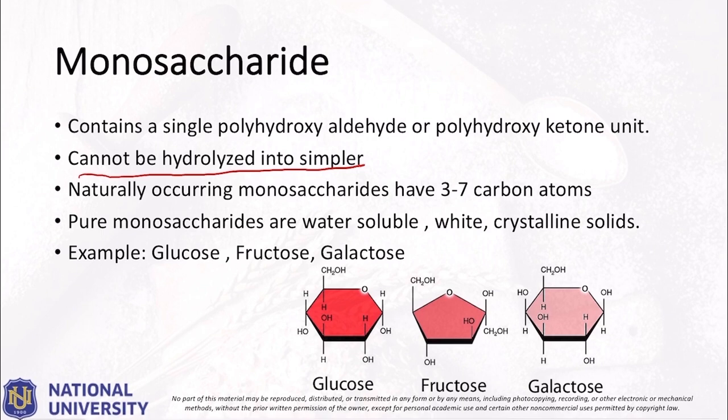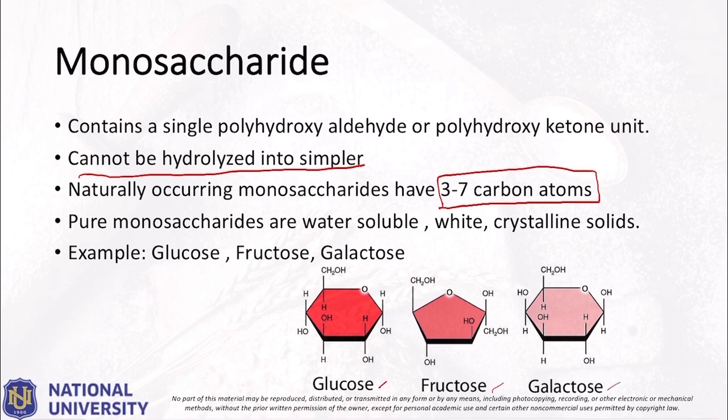Naturally occurring monosaccharides have 3 to 7 carbon atoms. Pure monosaccharides are water-soluble, white, and crystalline solids. Example of monosaccharides, you already know this: glucose, fructose, and galactose.